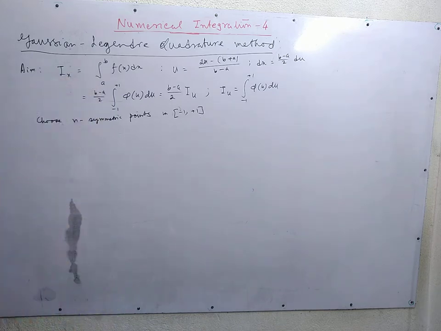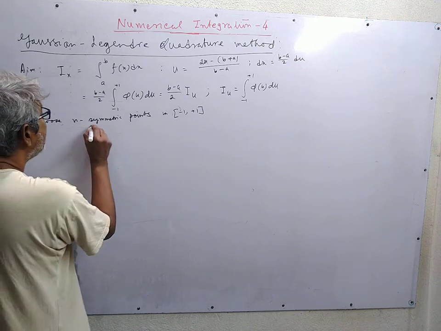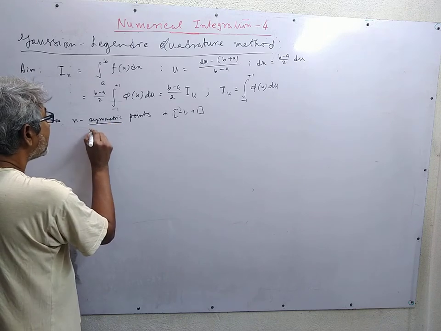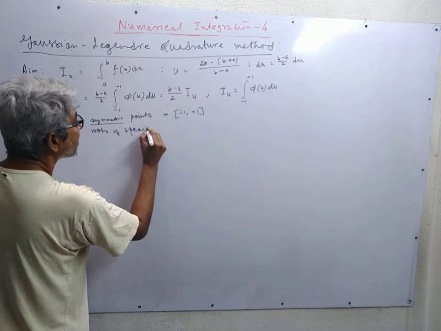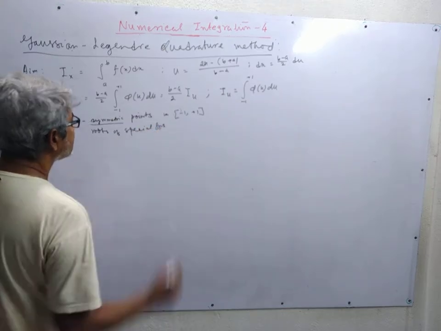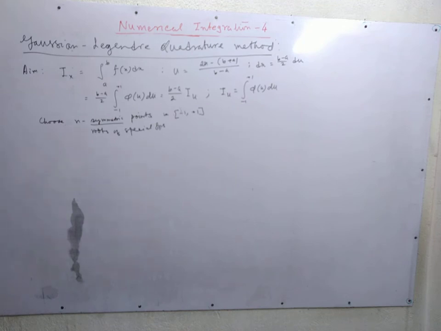By symmetric, we do not mean that the points are equispaced, rather they are the roots of a special function. We shall come to this point later on. The point that I want to make clear is that by symmetric points we do not mean that the points are equispaced, but the points are distributed symmetrically about u is equal to 0, that much.